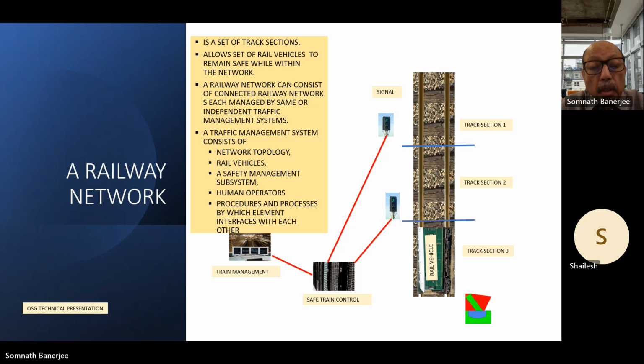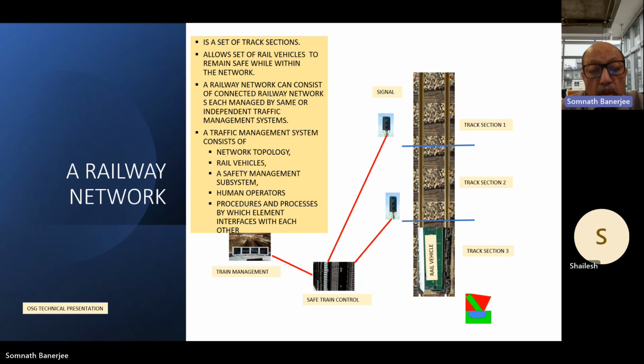And the control system, which is the safe train control system, which you see on the screen, ensures that any train, any rail vehicle, which you see on the right hand side of this slide, continues to remain safe on the network by the intervention of the safe train control system.